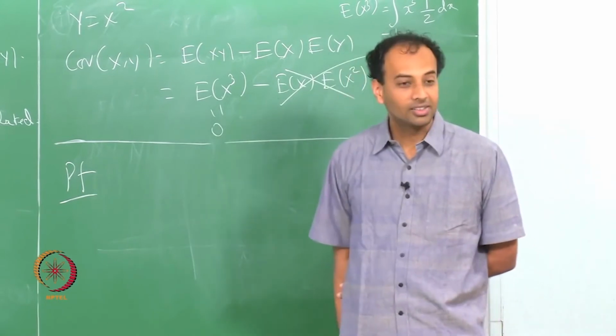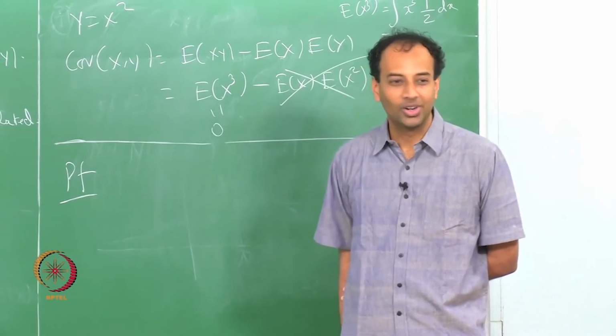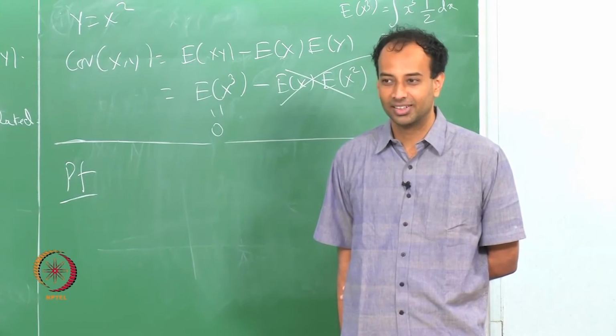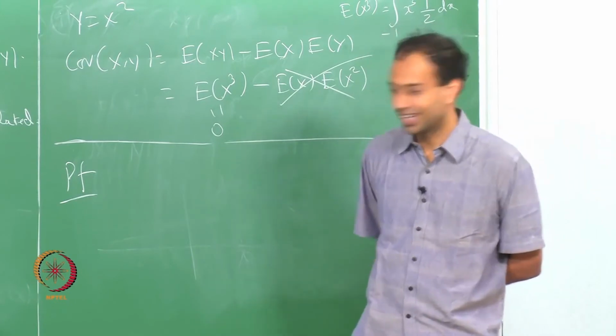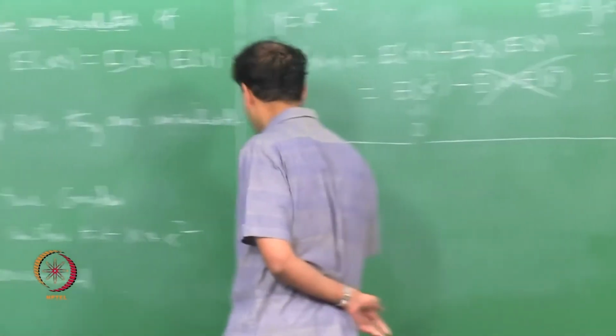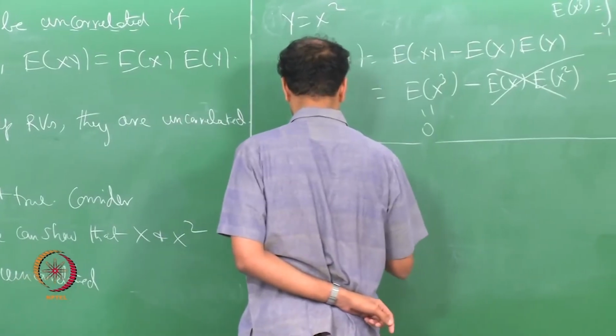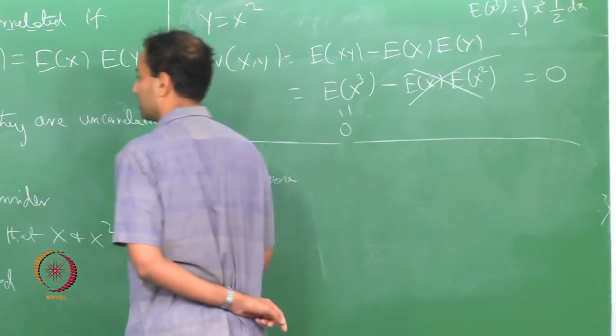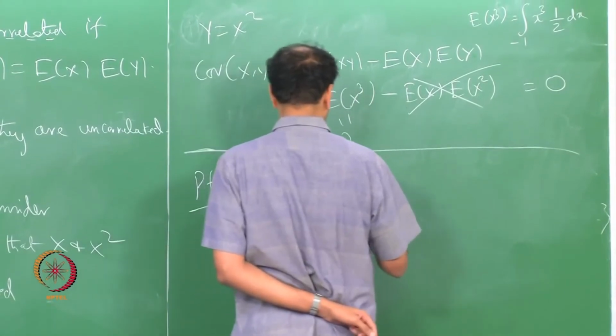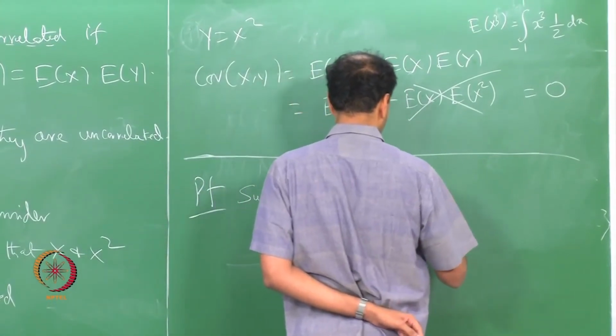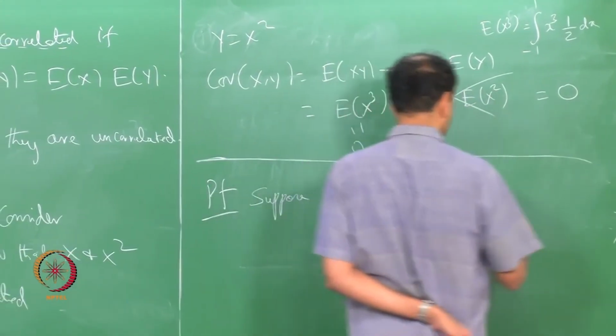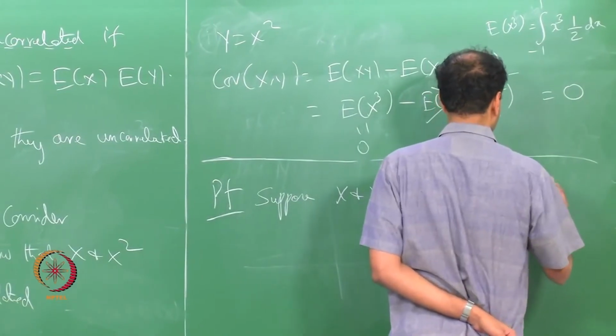So how will you prove that? By now you should know, right. How do you prove anything in integration? Start with simple functions, right. So suppose x and y are independent simple random variables.